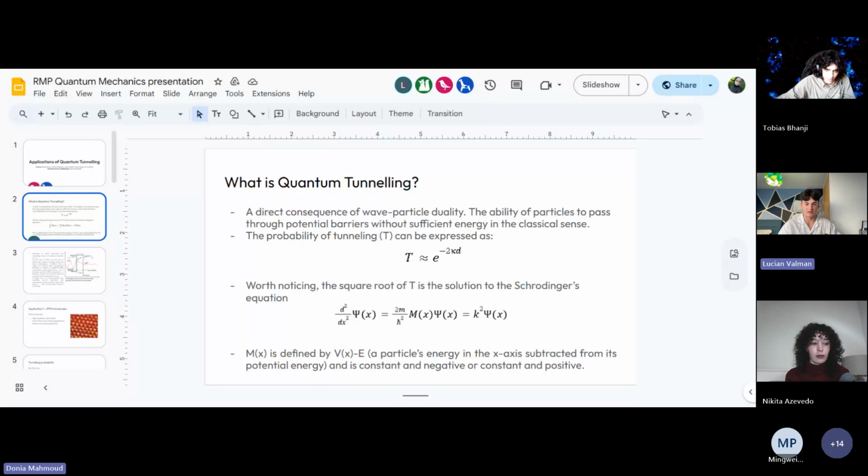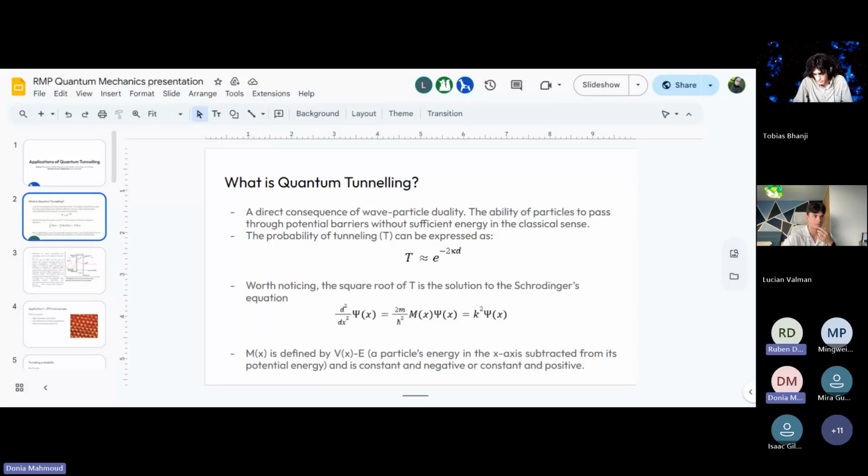And as it says, the probability of tunneling can be expressed with this equation, where part of it is in relation to Schrodinger's equation, which is very important in quantum mechanics. As you can see, the square root of that probability is a solution to Schrodinger's equation.